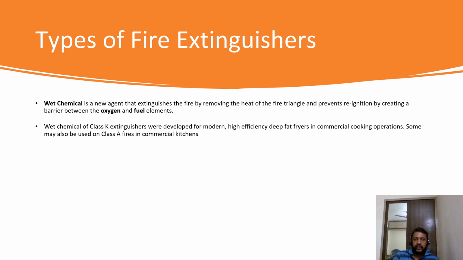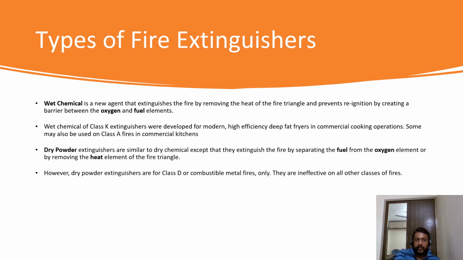This class K extinguisher is placed in areas like canteens, cooking areas, and restaurants. As we discussed, it extinguishes fire in cooking oil that has animal fat or vegetable oil fat.